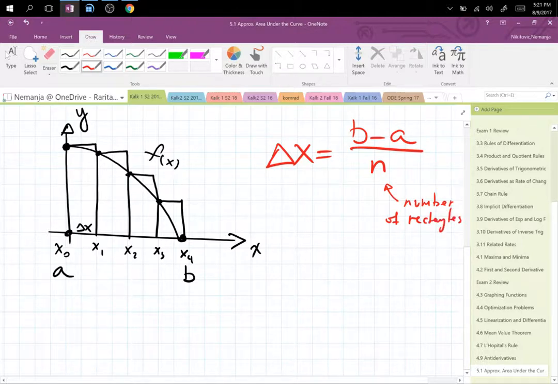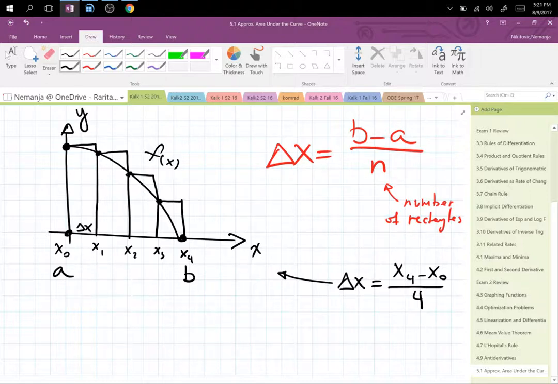So the delta x for this particular problem, in general terms, would be x4 minus x0 divided by 4 rectangles, whatever those numbers are.